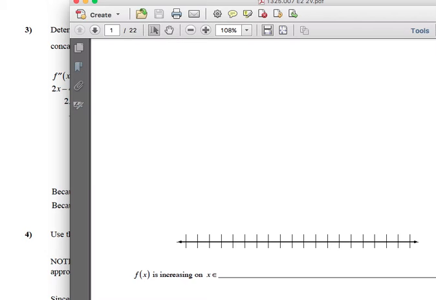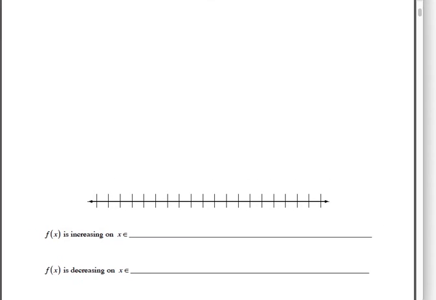Now, just to let you know what your exam will look like, I do give you a blank number line to fill in with any pertinent values, as we just did.